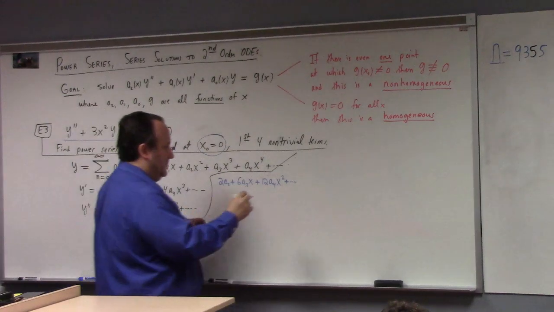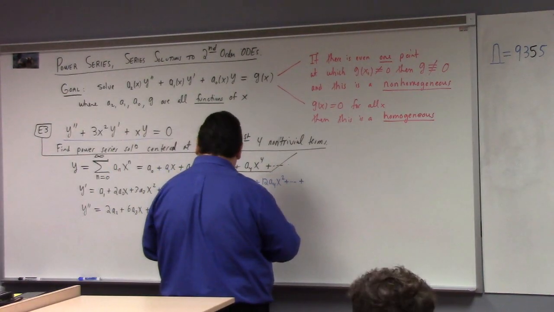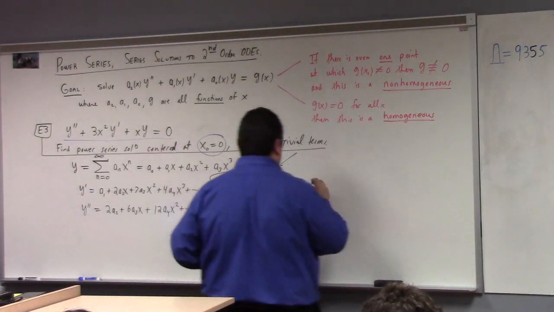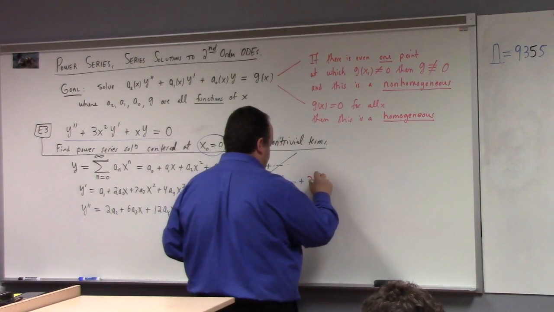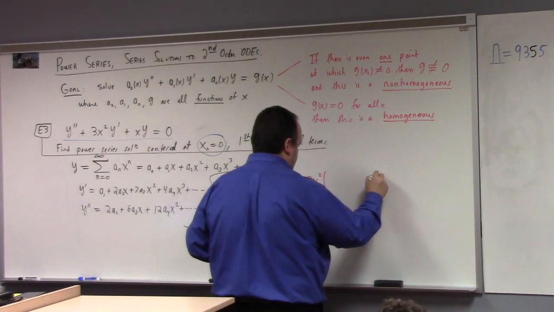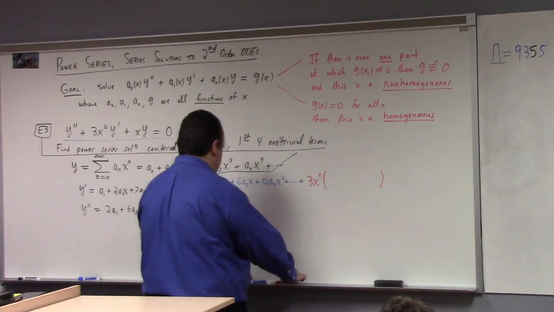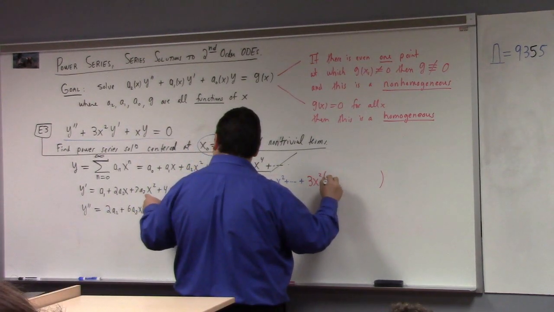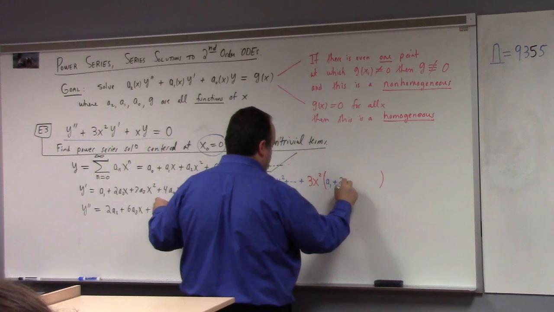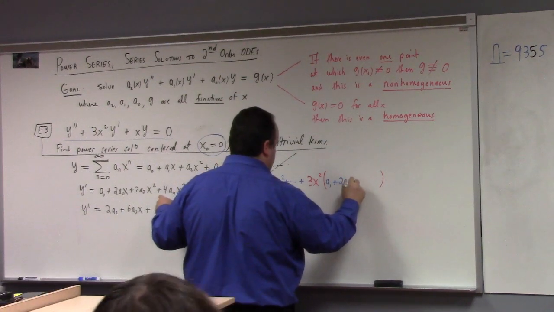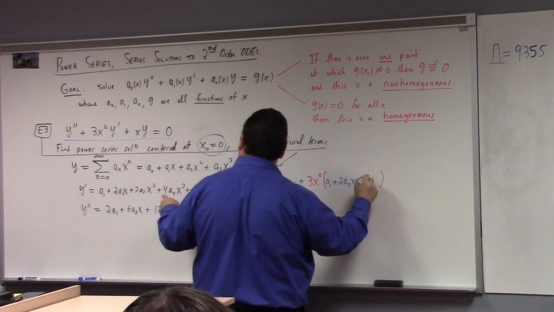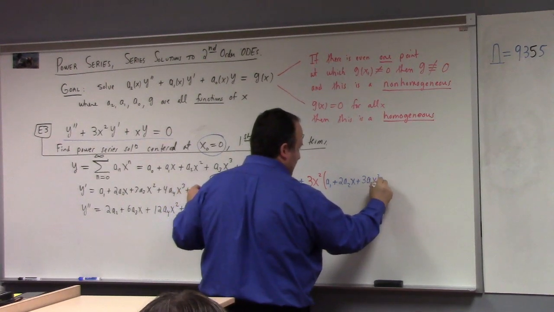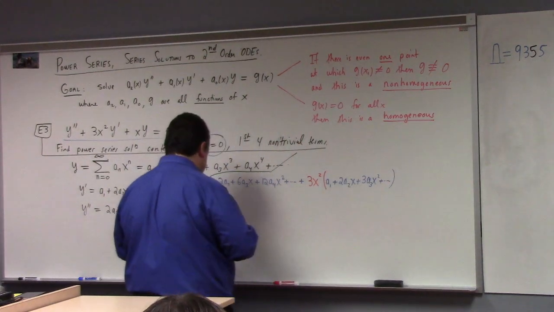Plus what? Let me put a red down here, this is important. That 3x squared has got to get multiplied by things, right? 3x squared times y prime, which is a1 plus 2a2x plus 3a3x squared plus ... I think that's going to be enough there.